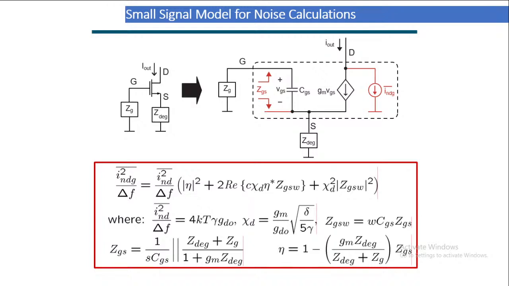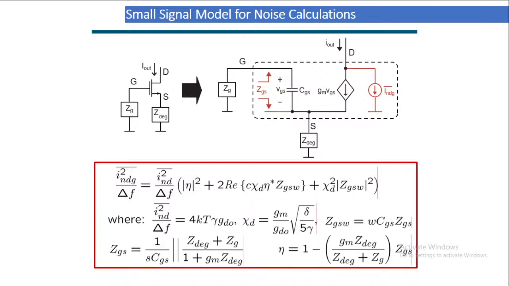Now because of ZG, if you look into the device from the ZG side, the impedance between the gate and the source is ZGS, the gate source impedance.